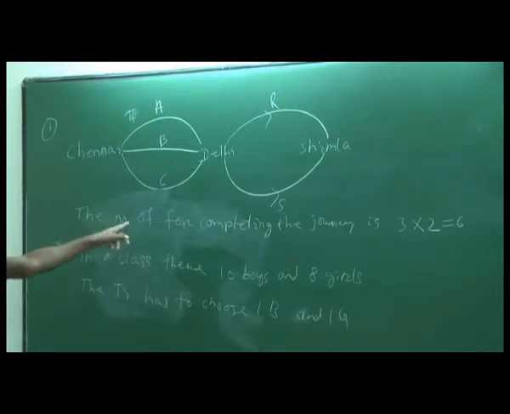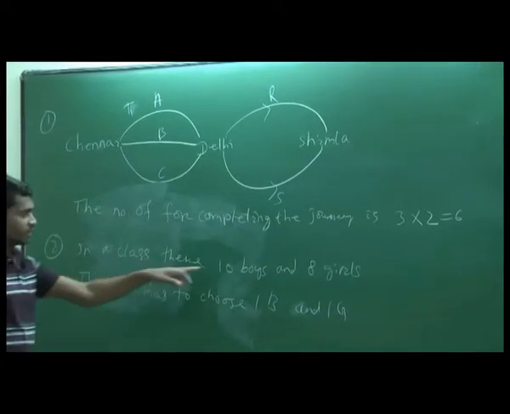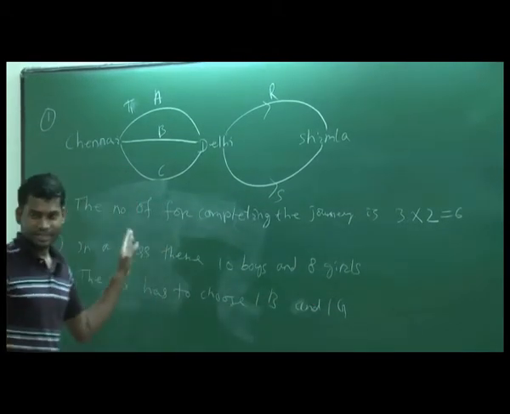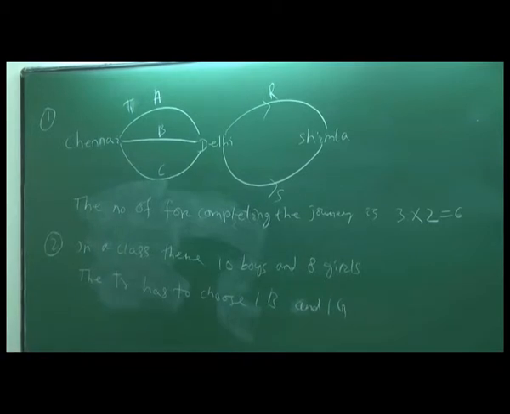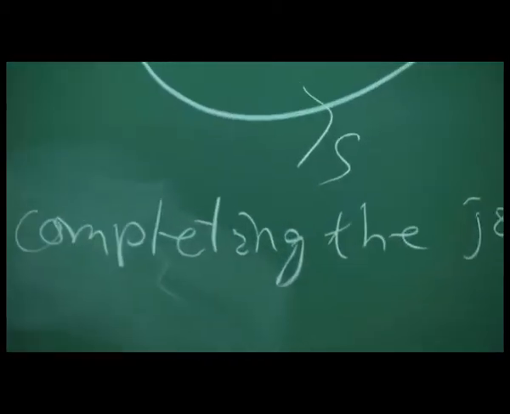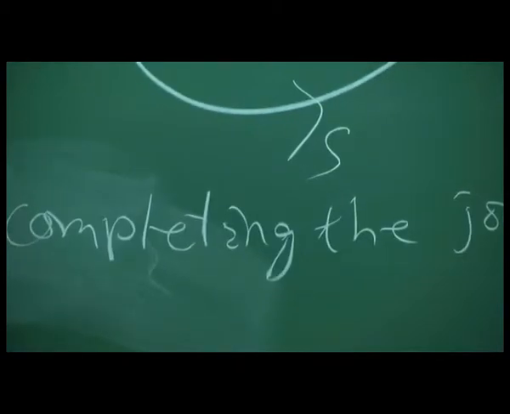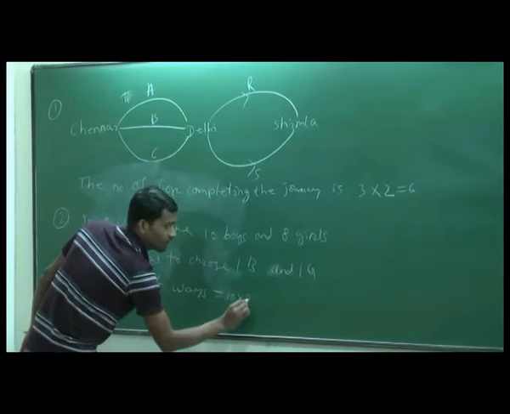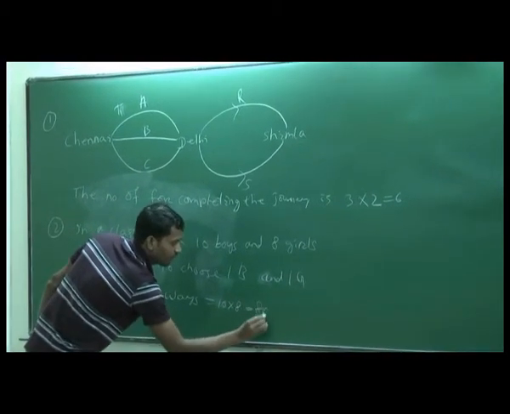Like the same way, right? If we choose one boy first, then there are 8 choices of girls, and there are 10 boys. So you multiply. The number of ways is equal to 10 into 8, equal to 80.